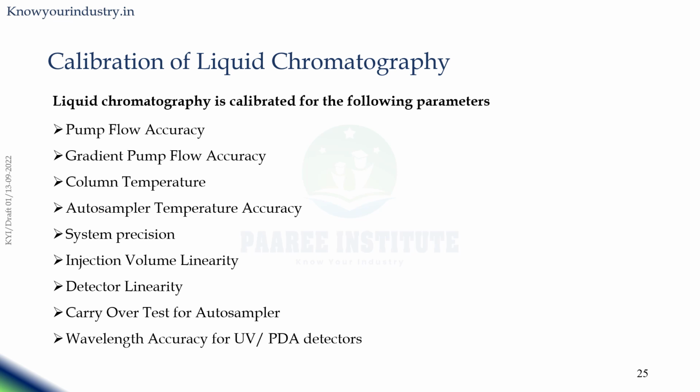Finally, we are coming to the calibration part of the liquid chromatography techniques. Instruments need to be calibrated from time to time to give accurate results. So to ensure accurate results, what are the different parameters that need to be carried out during the calibration of liquid chromatography systems?